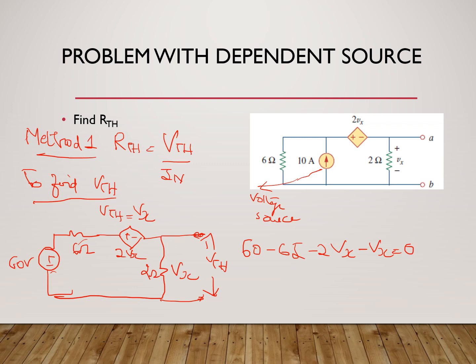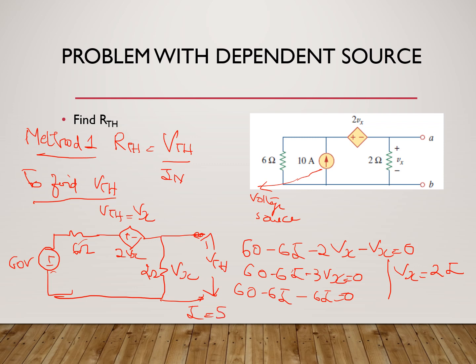Now, what is Vx here? Vx is the voltage across the 2 ohm resistor. So 60 minus 6i minus 3Vx is equal to 0. But at the same time, Vx is equal to 2 into I. Substituting that, 60 minus 6i minus 6i is equal to 0, so I comes out to be 5 ampere.